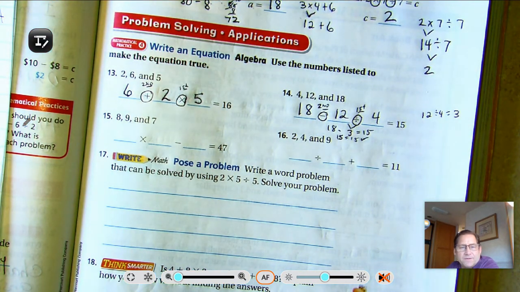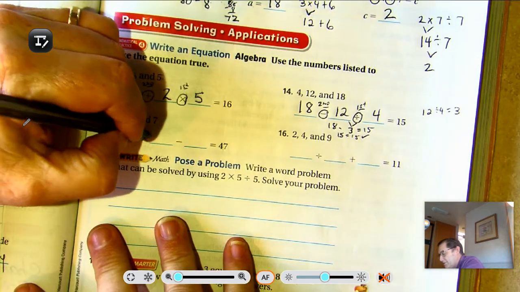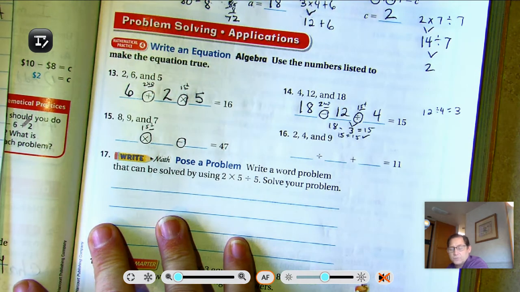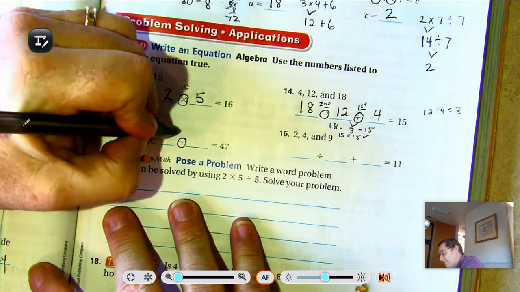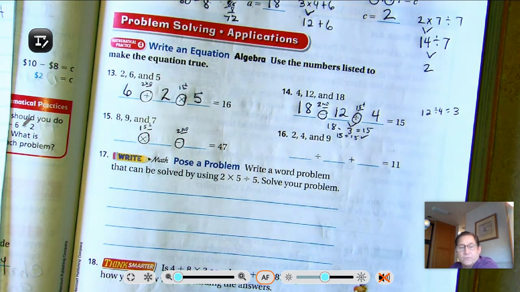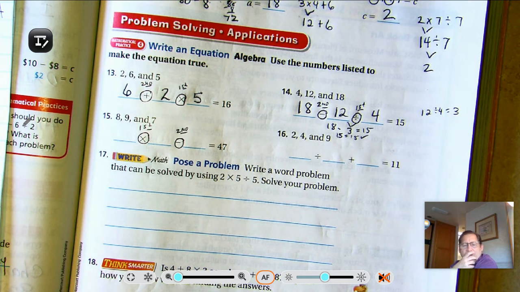Right now in number 15, we have 8, 9, and 7. We have multiplication and subtraction. We have to have a multiplication problem first, and then we're going to subtract second. And we need to come up with an answer of 47. So we can do 8 times 9.